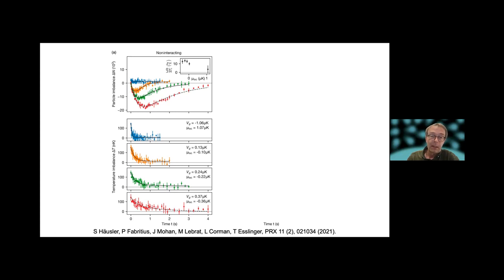So now there is no thermal current between the two reservoirs, and here we have a strong thermoelectric current. One can now of course wonder why not look at that with strong interactions.